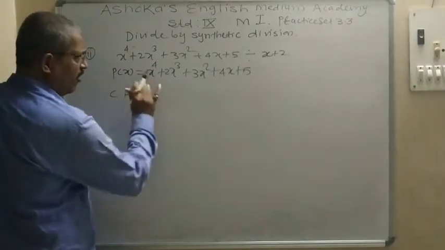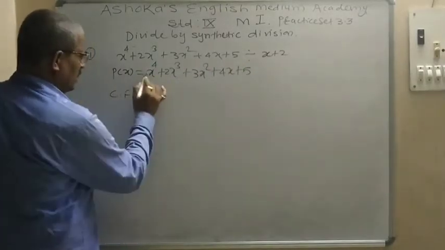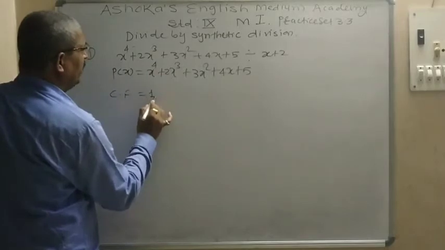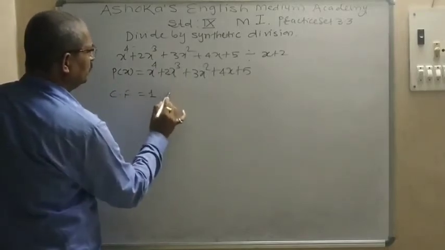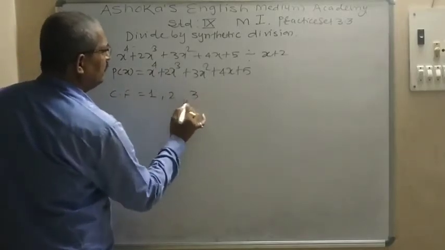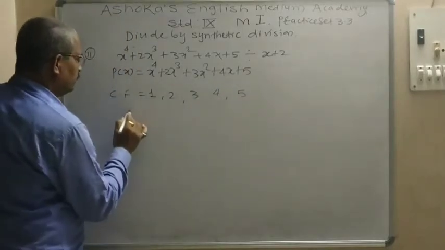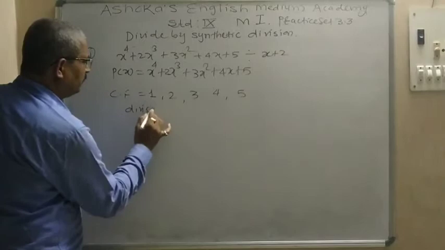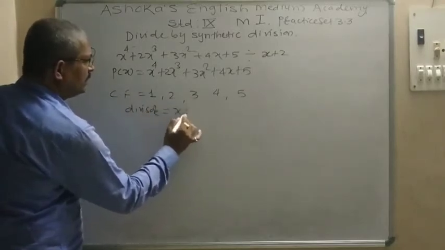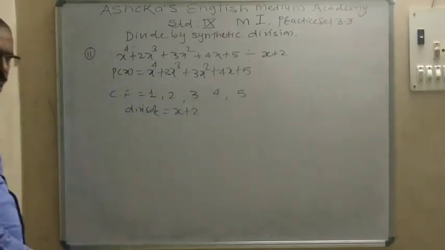Okay. Now the coefficient form. All are in standard form. Therefore the coefficient form is 1, this is 2, 3, then 4 and then 5. Now the divisor is x plus 2.